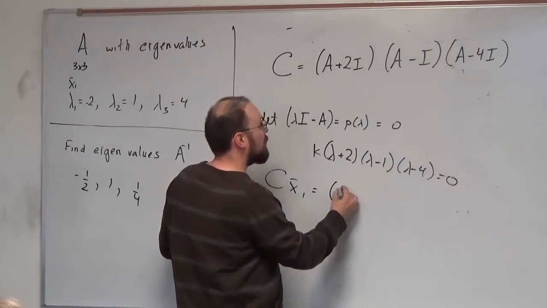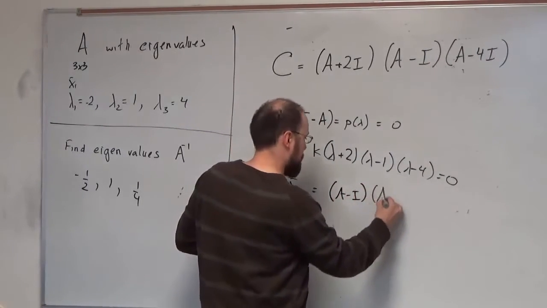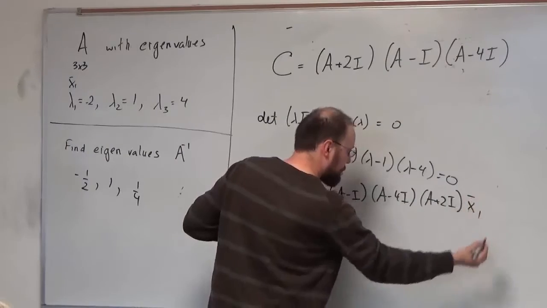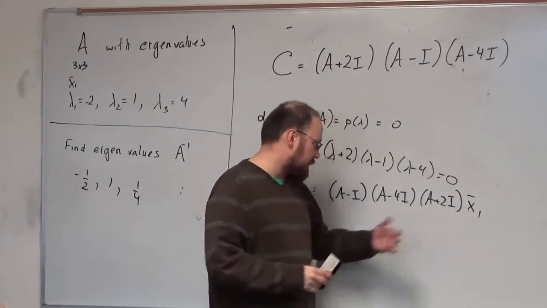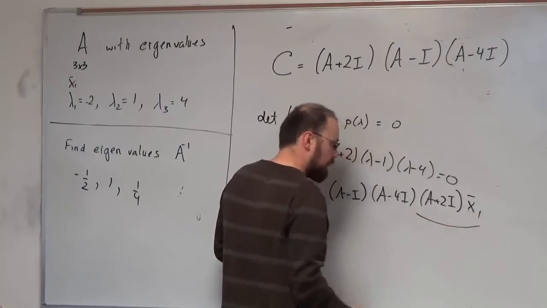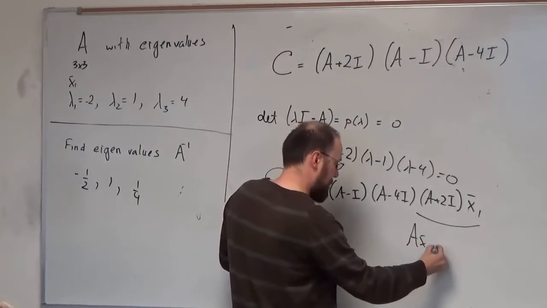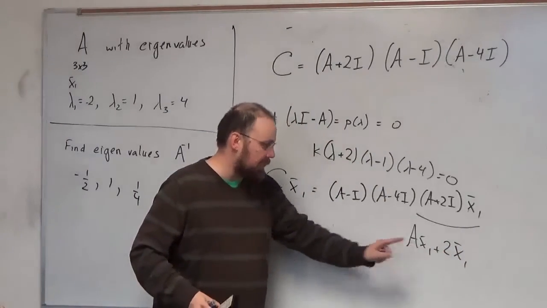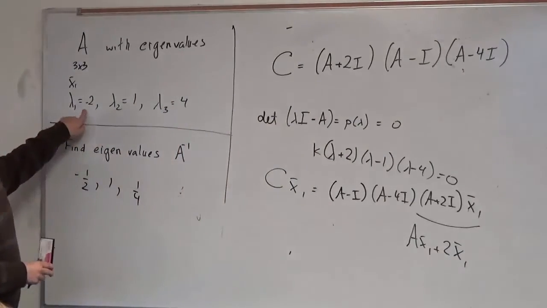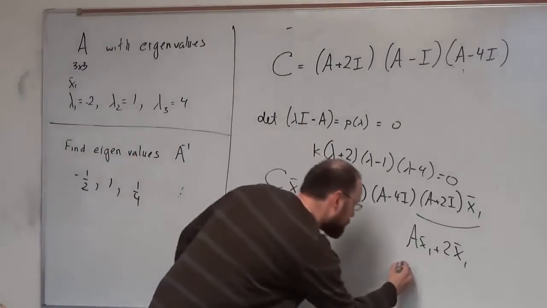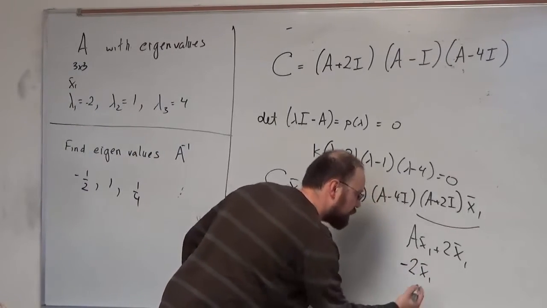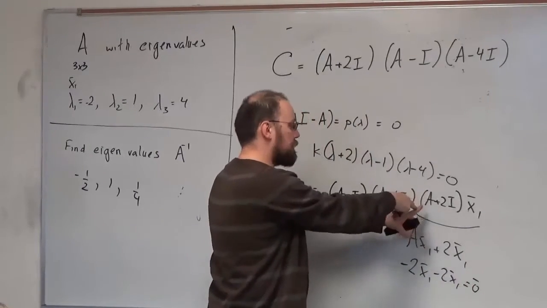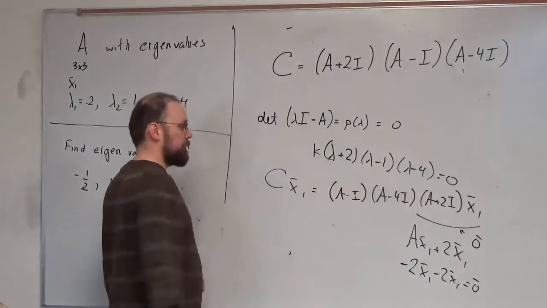So I can write this as A minus I, and so on, times x1. Multiply through here, I'm just focusing on this factor. You would get A x1 plus 2 x1. And what is A times x1? -2 times x1, because the eigenvalue for x1 is -2. So that would be 0 vector, so the whole thing is 0.